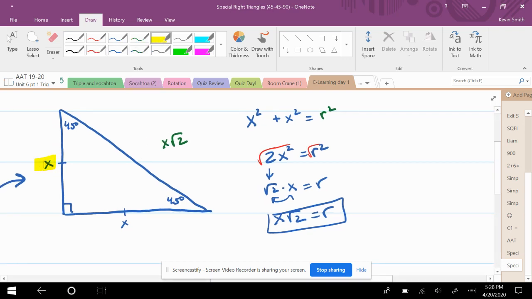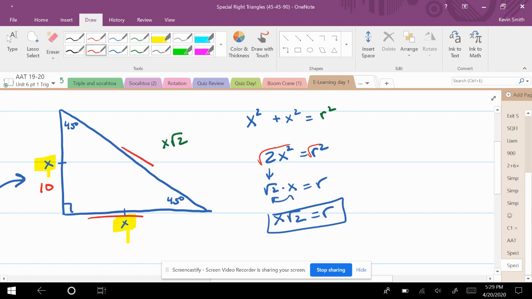The side lengths, these two, will always be equal. That's why they're x and x. And this hypotenuse will always be whatever this length was, or this length, times the square root of 2. So I could give you some problems. Let's say I told you the side length right here was 10, and I said, fill in the other 3 side lengths.